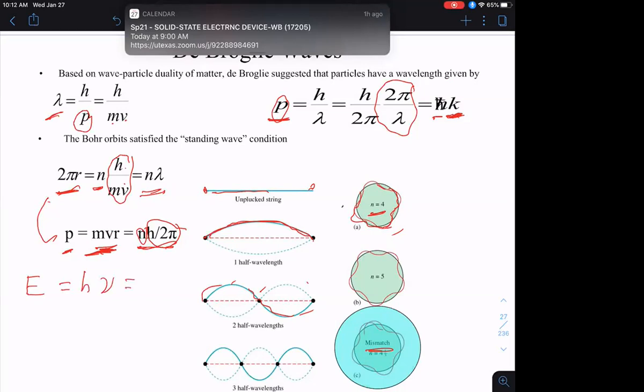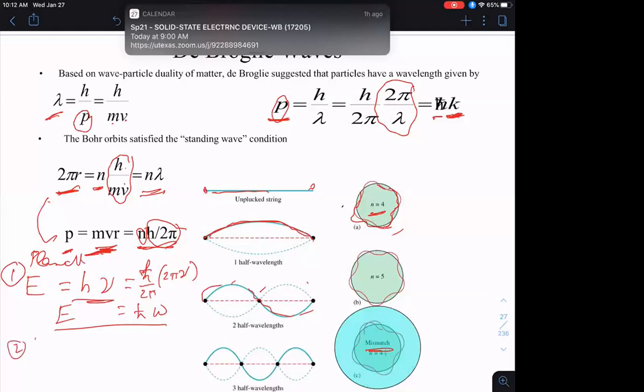Sometimes that's also described as h over 2 pi, or h bar, times 2 pi nu. So h over 2 pi can be written as h bar, and 2 pi times frequency is the frequency in radians per second, or omega. So E equals h bar omega is very often the way E equals h nu is also described. Okay, so that's the first relationship, the Planck-Einstein relationship.